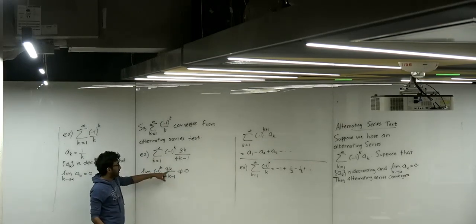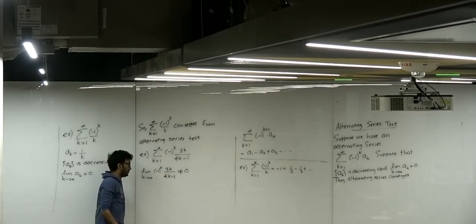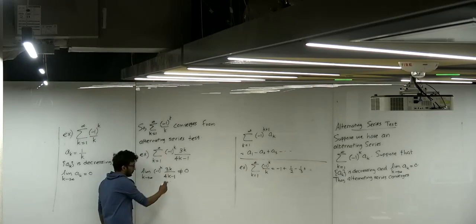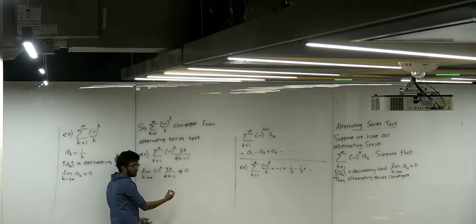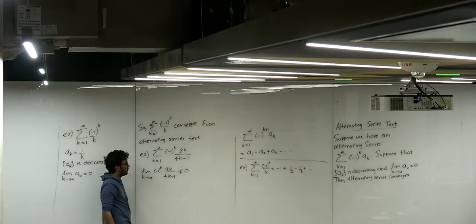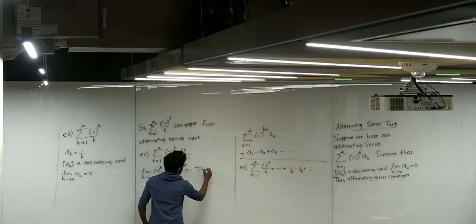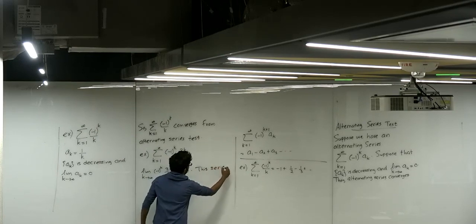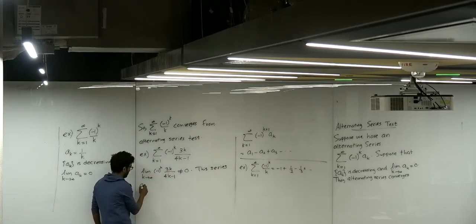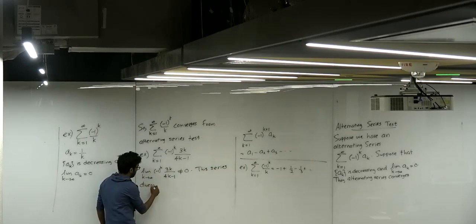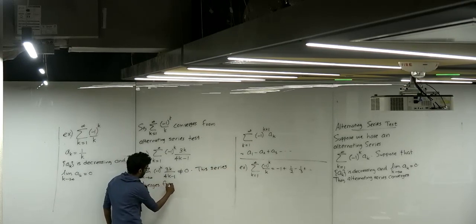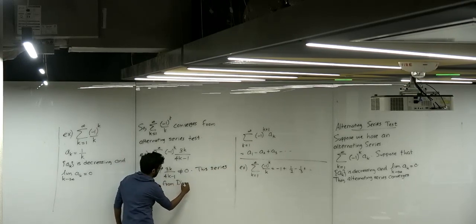You would get negative 3 over 4 or 3 over 4, depending on k. This is not equal to 0. If you had k to the power 2 in the denominator, then it would be okay, and you would go to 0. So the series diverges from the divergence test.